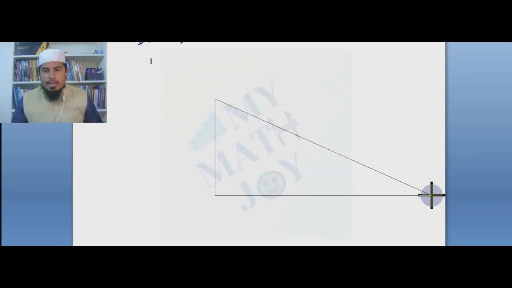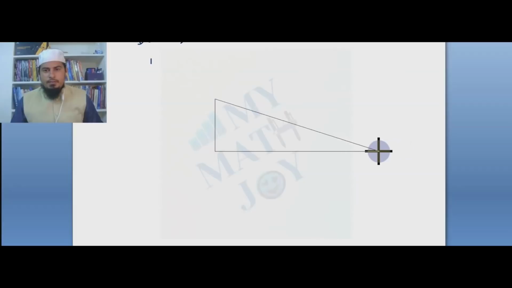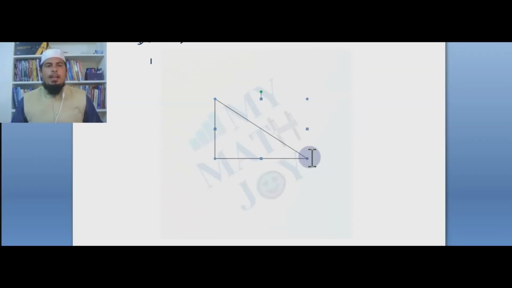See here, for example, the angle is 15, 30, 45, 60, 70, 80 and 90, and exactly then the base vanishes. So in that case, base gone. What value of base will you take there? 0.